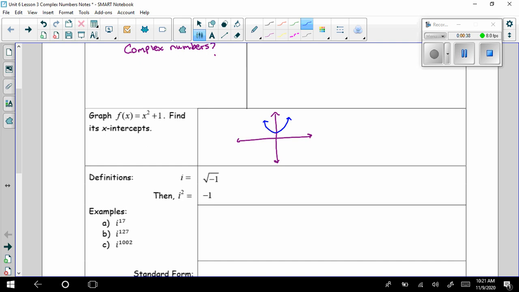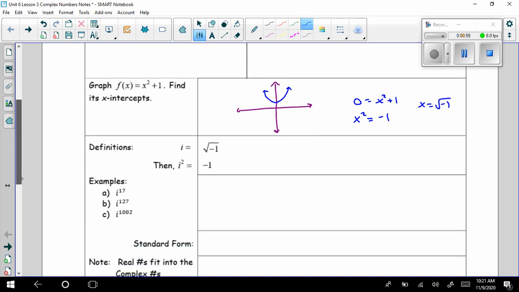So there's still a way to solve this equation, but you would be taking 0 equals x squared plus 1, which means that x squared is equal to negative 1. So x is equal to the square root of negative 1.